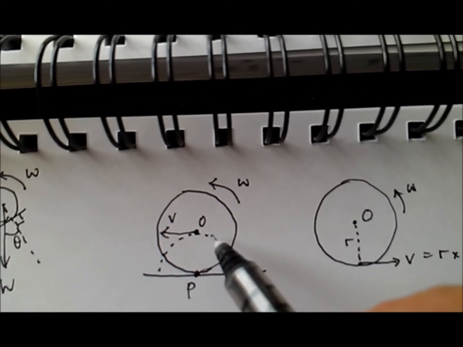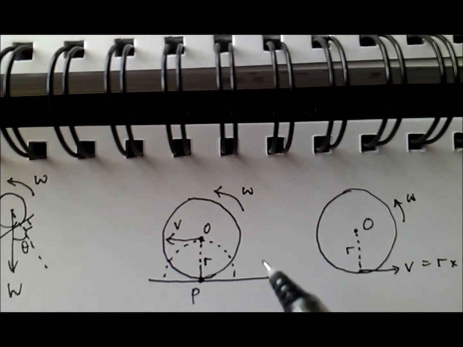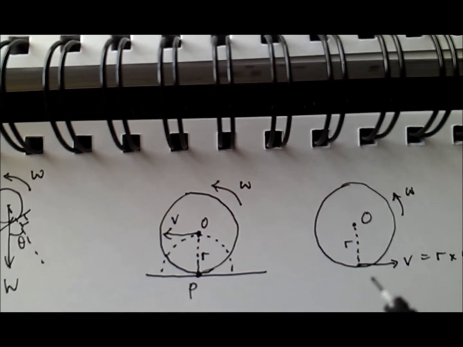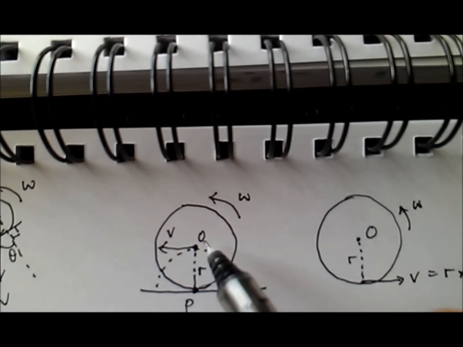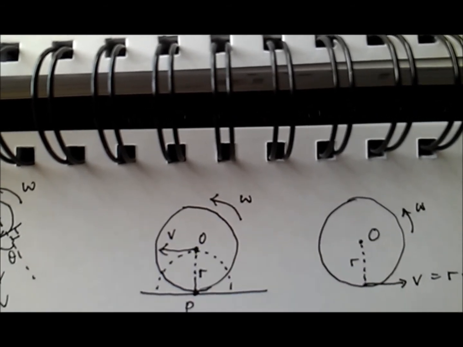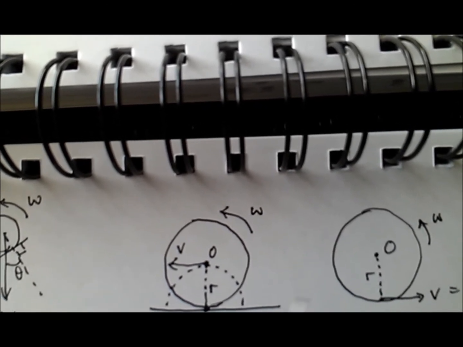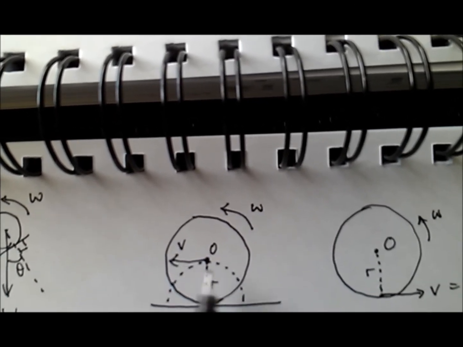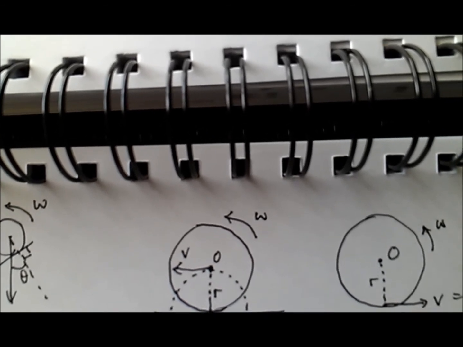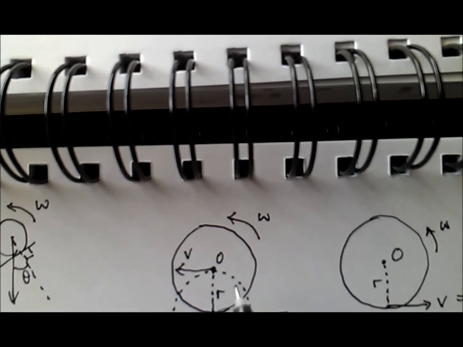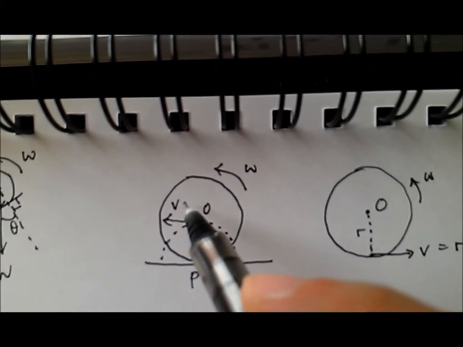The distance of O from P is R, and so the speed of O, since we just now concluded that the linear speed of O and P from each other's point of view is the same, we conclude that this V will also be equal to R omega.